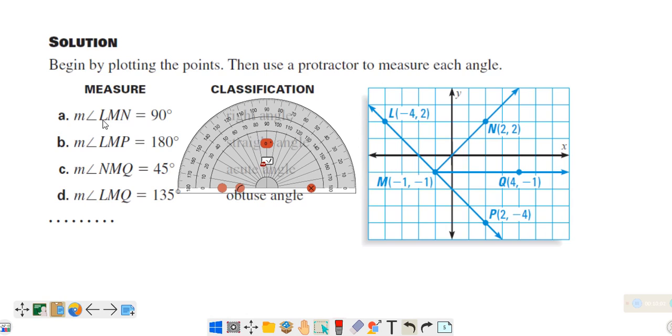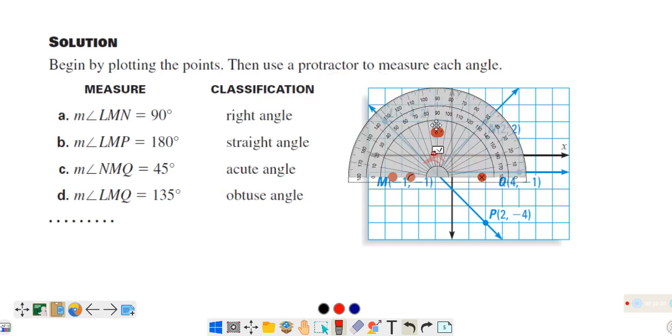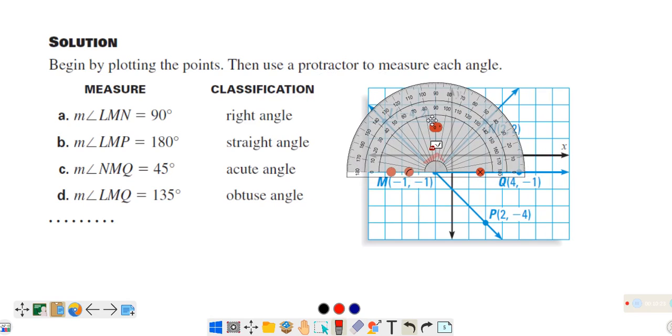Sabi, measurement of angle LMN is 90 degrees daw. So, let's check. This is angle LMN. Ito. So, let's check if this is really equal to 90 degrees. Dapat ganito daw siya, 90. So, using our protractor, i-plot natin itong part na to, yung may period, doon sa mismong vertex.